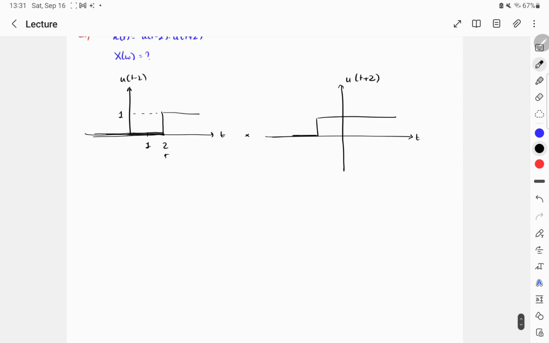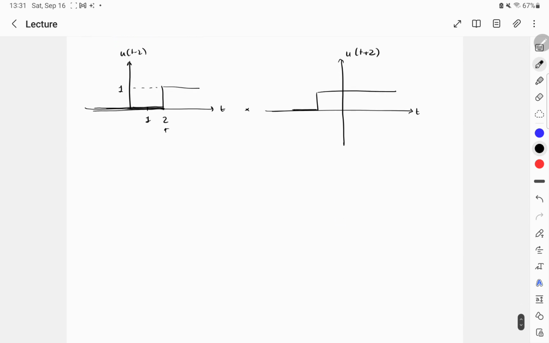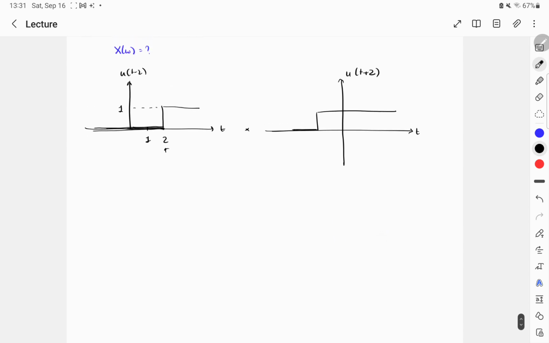And then if we were to multiply these two, what would we have? Let me try to multiply both of the values. This is our first function, and this is our second function.